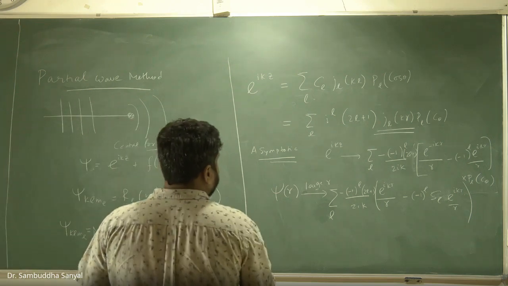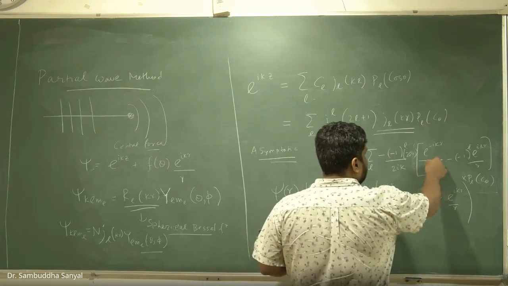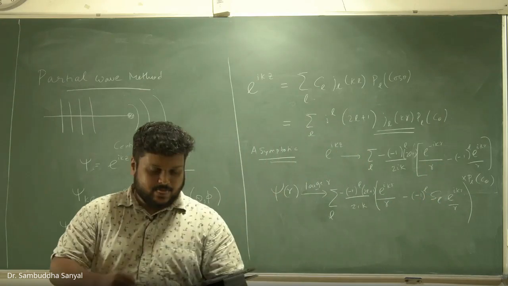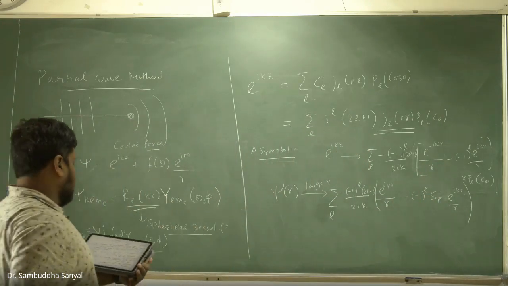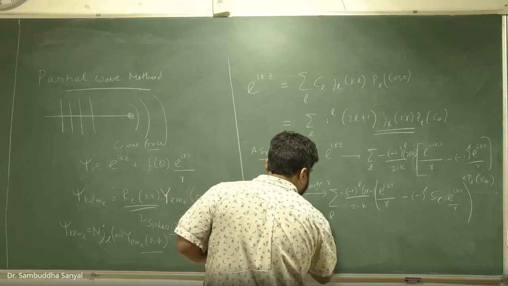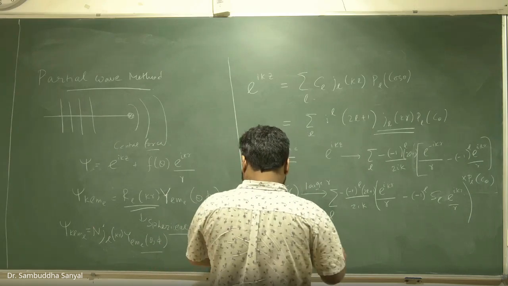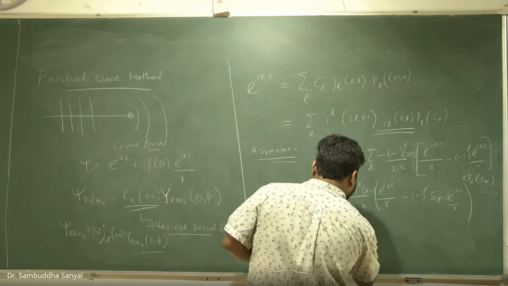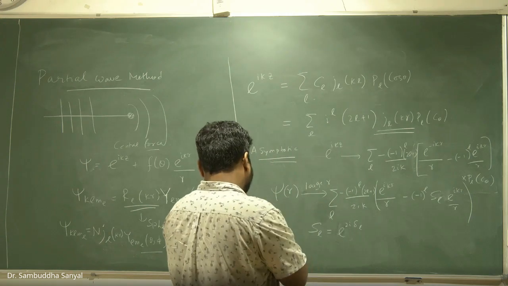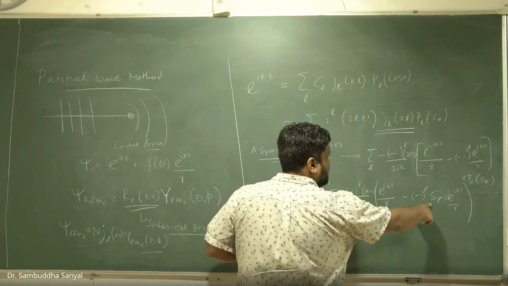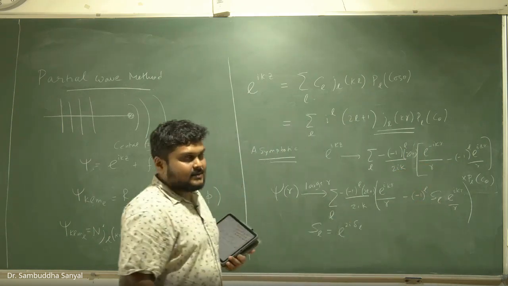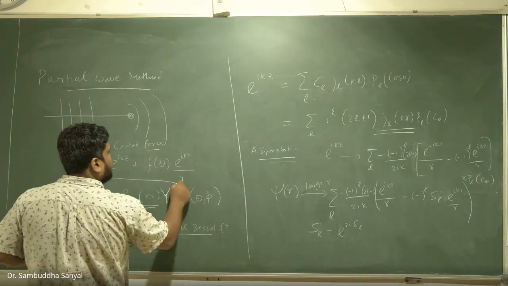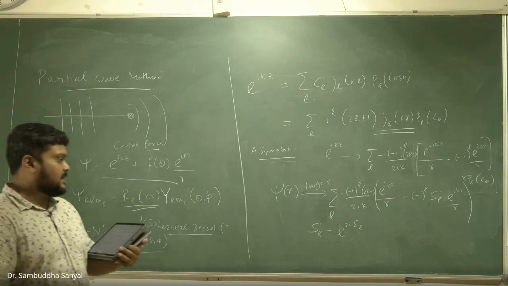But I think this is roughly the correct expression. This is this plus the outgoing wave, which has this additional S factor. So I argued also earlier that since conservation of probability must be there, this must be a phase. So e to the power 2i delta L. And this thing is this plus the f theta factor, right?